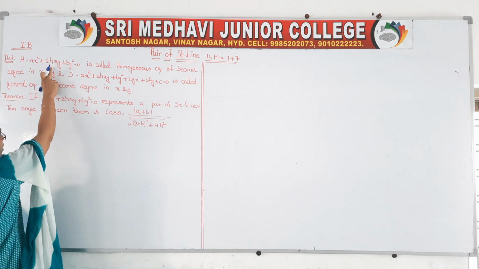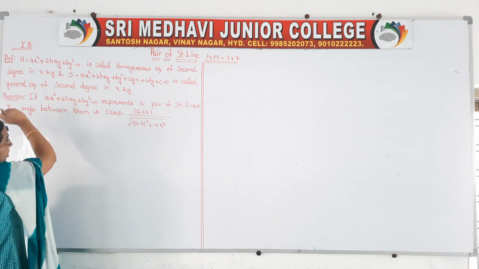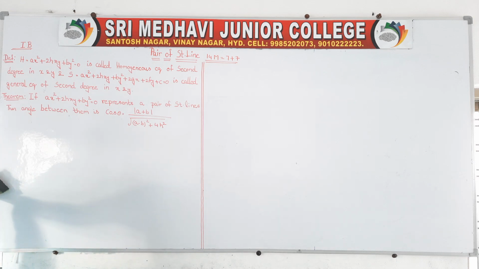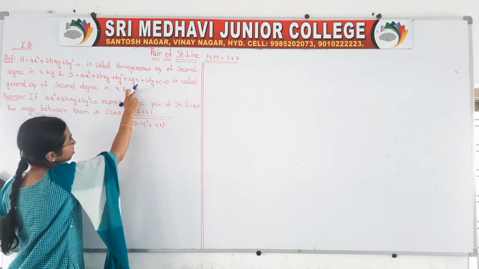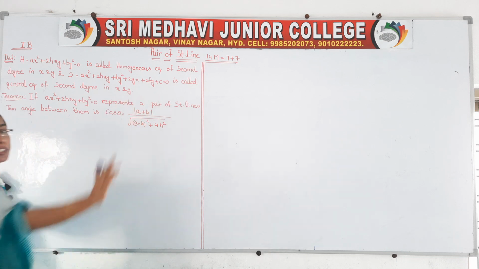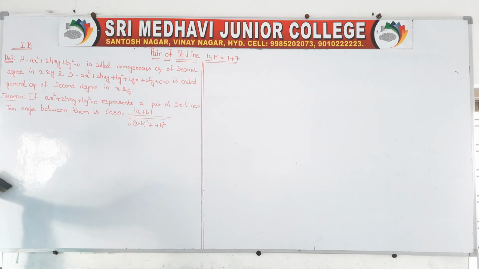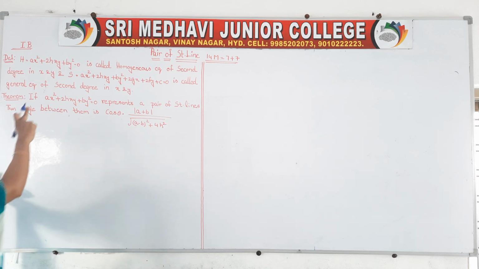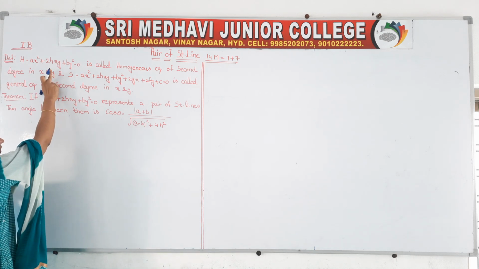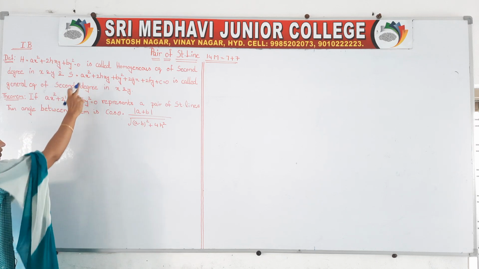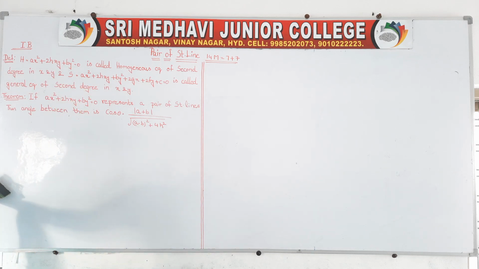First one is ax square plus 2hxy plus by square is equal to 0, and the second one is ax square plus 2hxy plus by square plus 2gx plus 2fy plus c is equal to 0. Both can be written as the combination of two lines, a pair of lines. Here the two lines pass through the origin for the first equation, and for the second equation the two lines do not pass through the origin. If it passes through the origin, it is called a homogeneous equation.